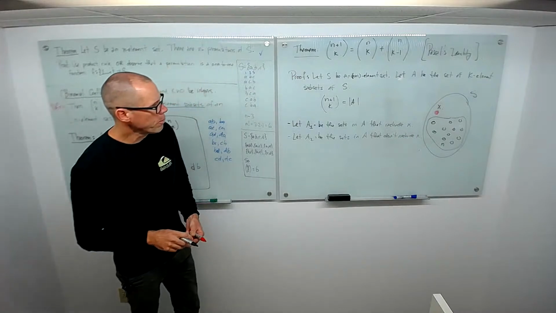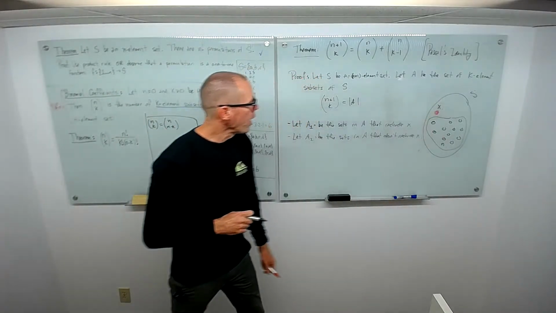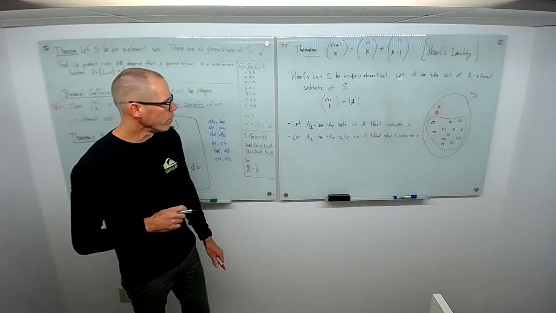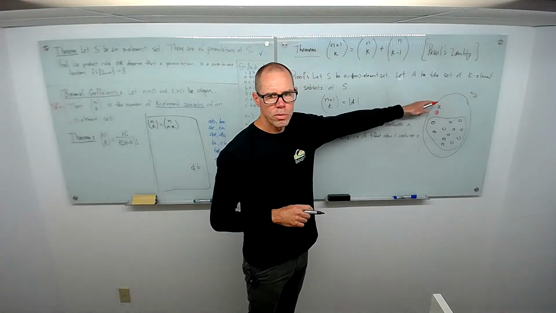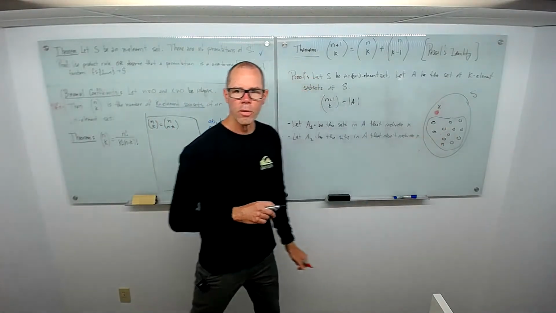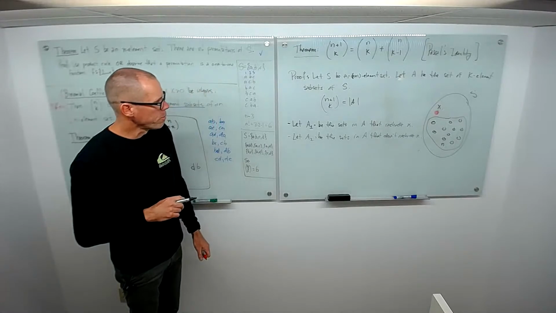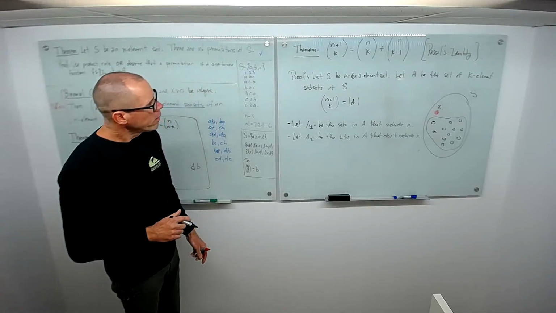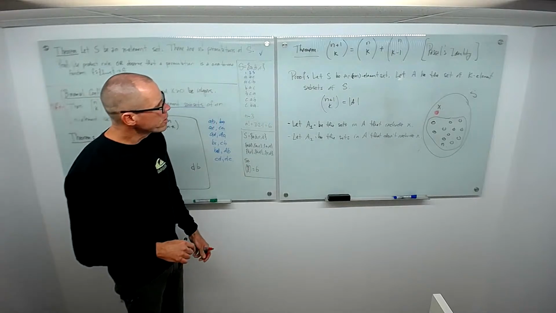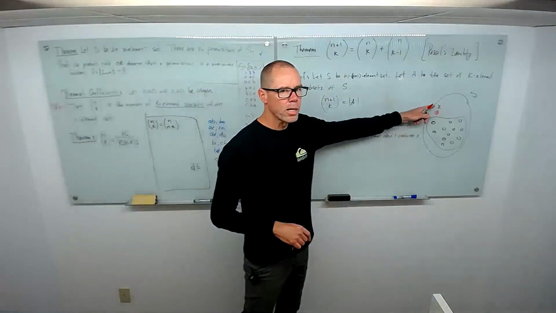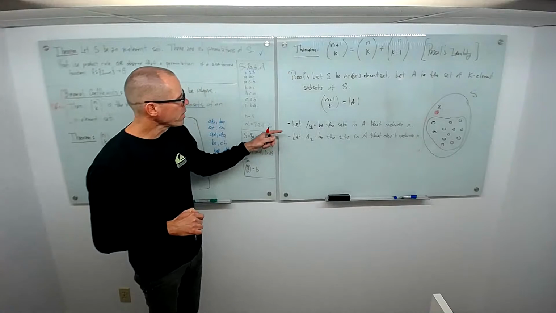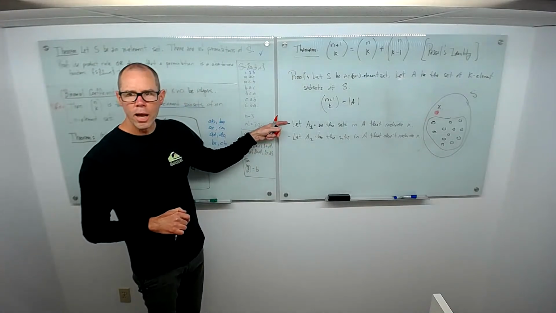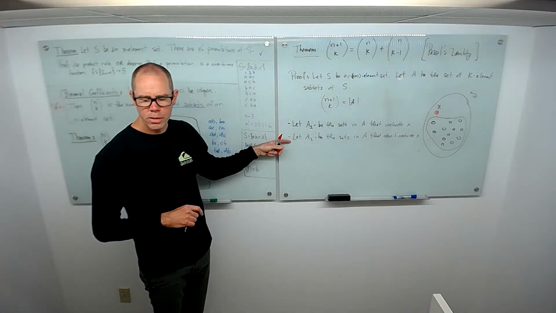So we just arbitrarily pick some special element out of these n plus 1 elements, and the rest of the elements are not special. Now a k-element subset either includes X or it doesn't.